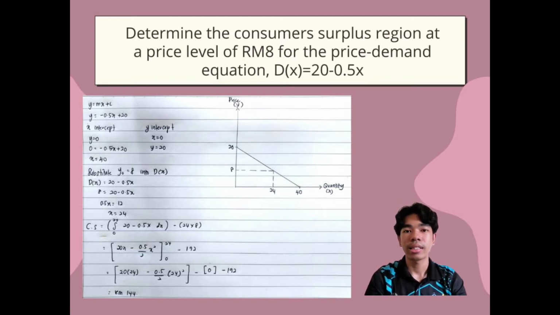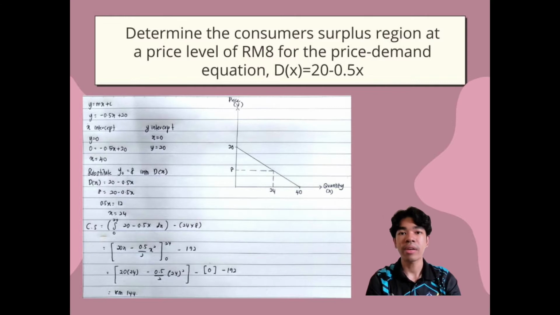So let's determine the consumer surplus at the price level of RM8, where demand is equal to 20 minus 0.5x. To find the y-intercept, as x equals 0, we get the y-intercept equal to 20. Then substitute y equals 8 into the demand equation and we get x equals 24.